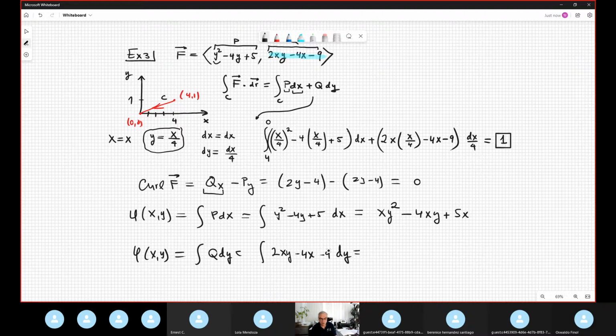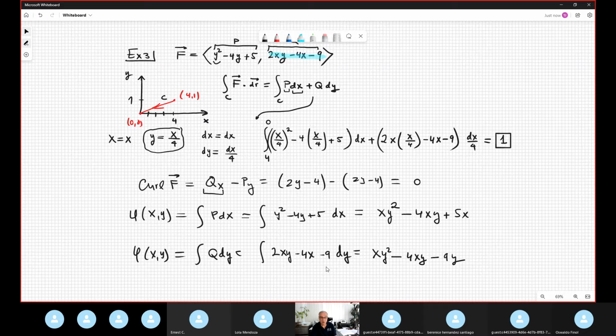Okay, cool. So 2x is a constant, and the antiderivative of y is y squared over 2. So the 2 cancels and we stay with xy squared minus 4xy minus the antiderivative of 9, which is 9y.